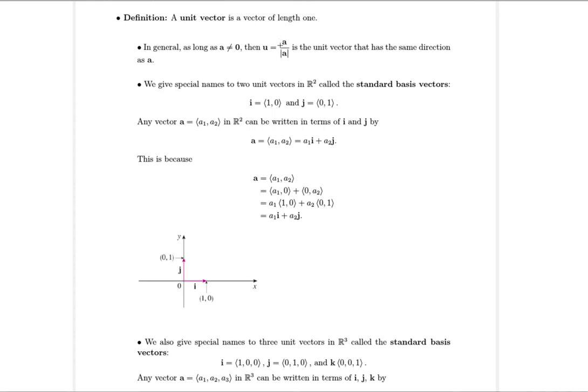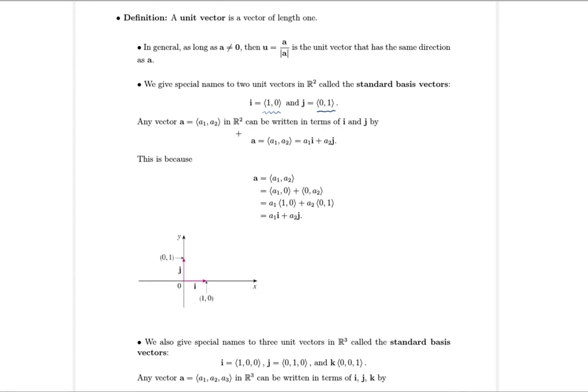Take the vector you're interested in, divide it by its own magnitude, and of course the resulting vector has a length of 1. And there are 2 unit vectors that are going to be quite important to us when it comes to 2 dimensions, and that is the vector i, which is 1, 0, and the vector j, which is 0, 1. You can see why they're nice and convenient.